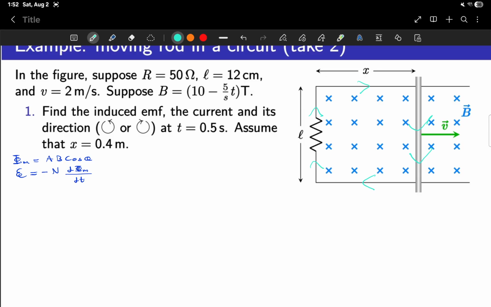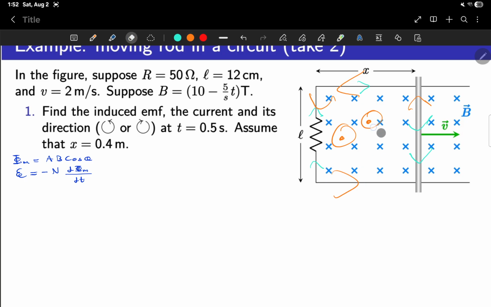The current will always oppose the change. So if the magnetic field is getting weaker, which it is in this case, it would try to make it stronger. So instead of making the current flow clockwise, the current would try to flow counterclockwise, and the current would basically create a magnetic field in the, hold on.